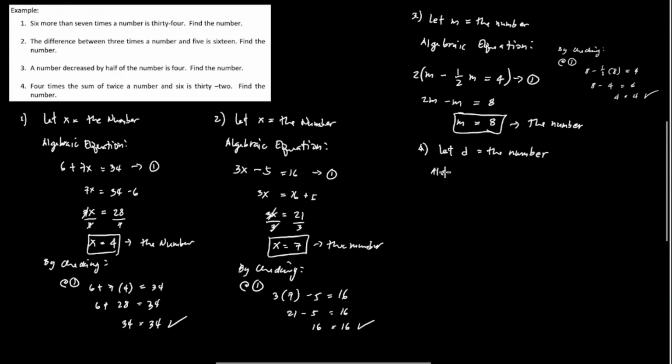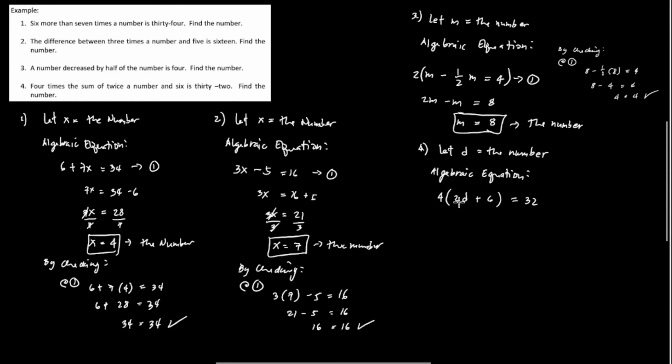For the algebraic equation, from the sentence: 4 times the sum, which is twice a number, so the number is D, twice the number, and 6, plus 6, and close parentheses, and it is equal to 32.